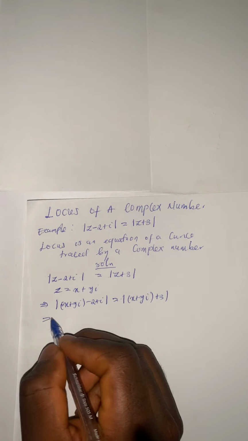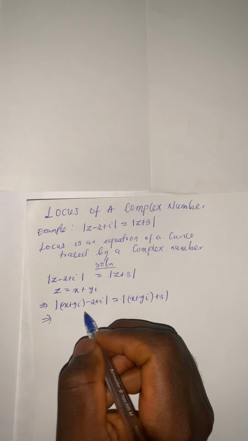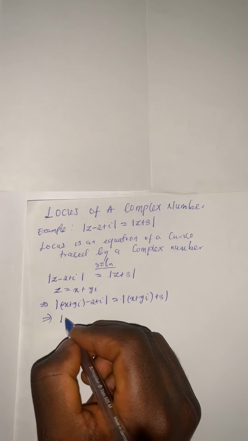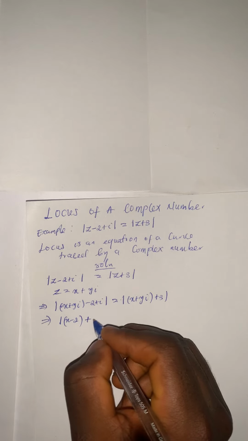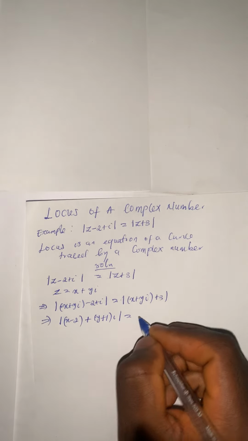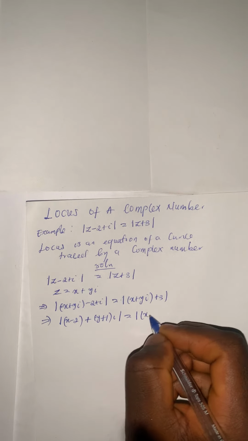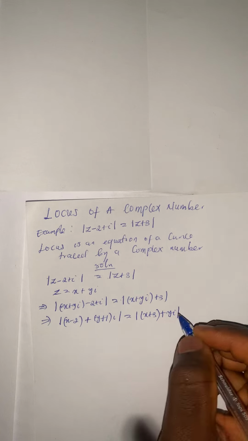So we then simplify this, collecting the constant terms and the terms in i. We get x minus 2 plus (y plus 1)i to be equal to x plus 3 plus yi.